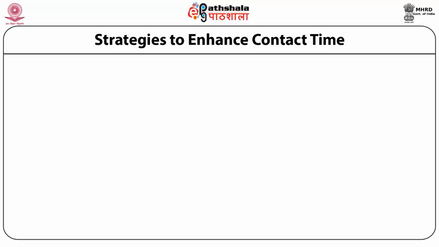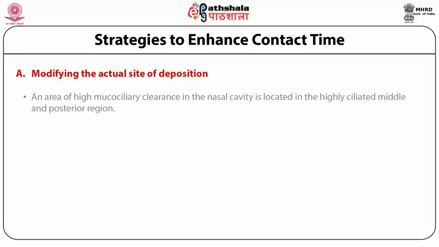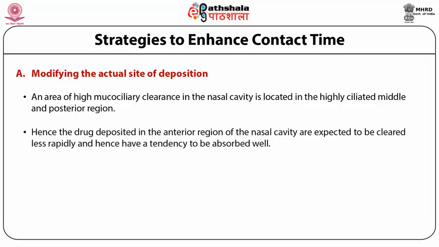The first amongst the strategies is modifying the actual site of deposition. An area of high mucociliary clearance in the nasal cavity is located in the highly ciliated middle and posterior region. Hence, drugs deposited in the anterior region of the nasal cavity are expected to be cleared less rapidly and hence have a tendency to be absorbed well.